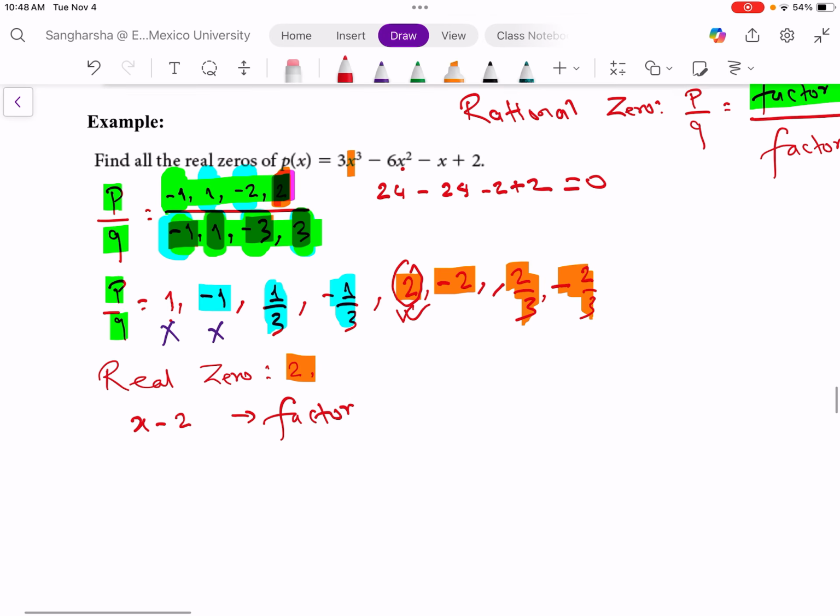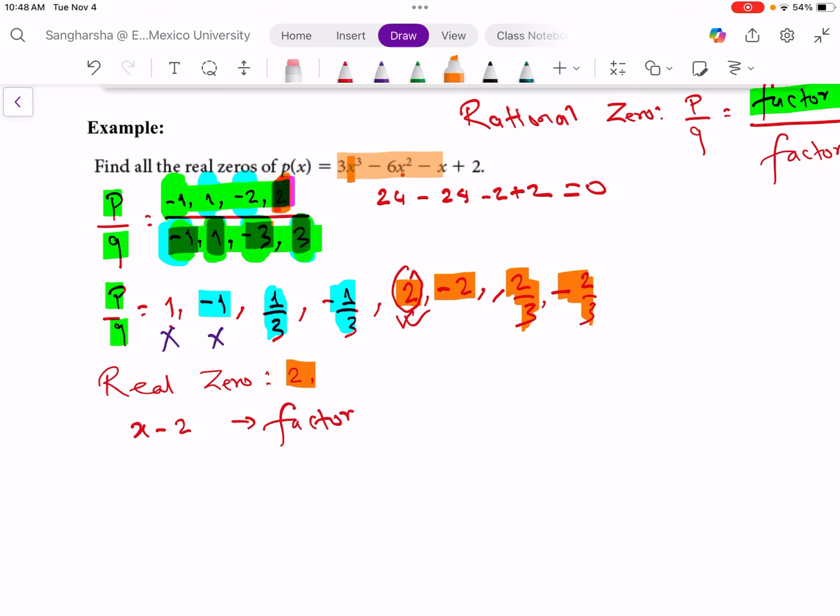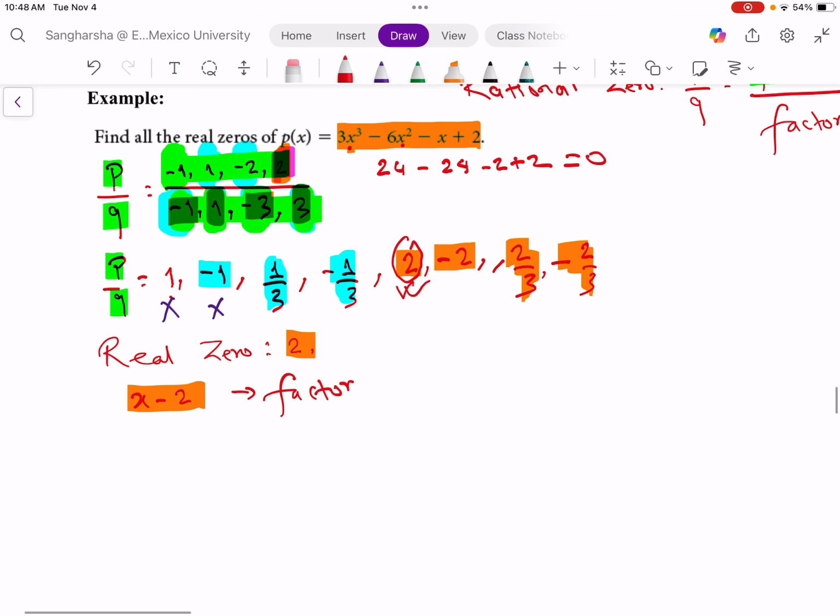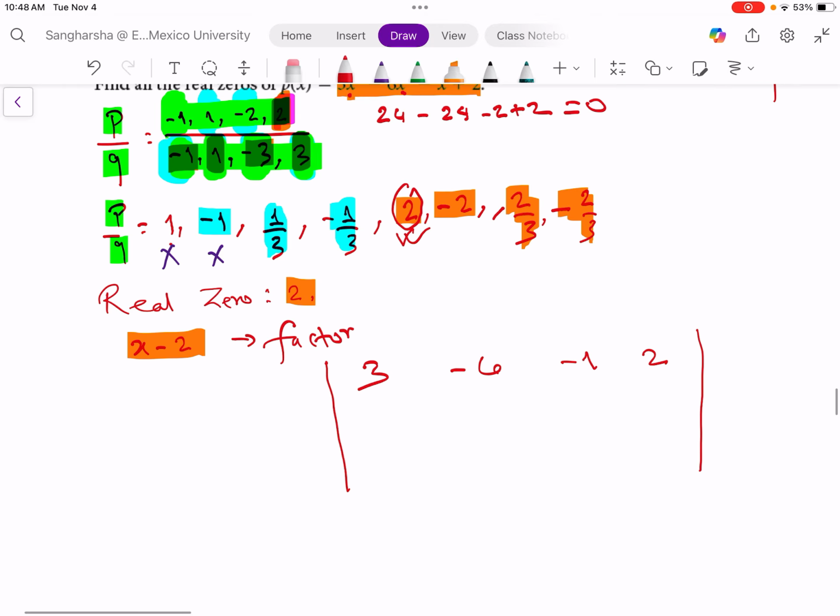Now let's divide this polynomial by this factor. What method do you want to use? I think synthetic division would be easy and very quick as well. So let's write down every coefficient. x cubed has a coefficient 3, x squared has a coefficient of negative 6, x has a coefficient of negative 1, the constant is 2, and we are dividing by the real zero, which is 2.